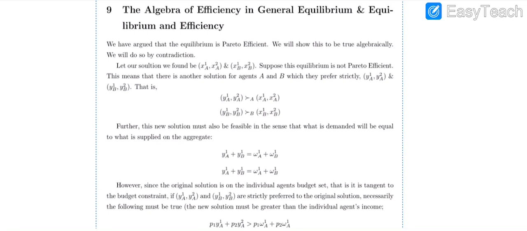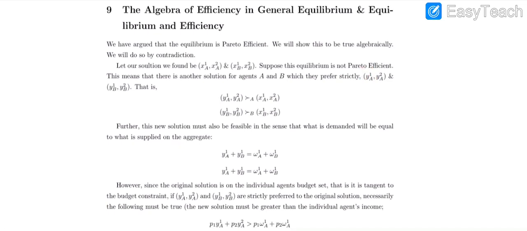Actually, equilibrium is Pareto efficient, and for understanding the concept, let us take two agents, A and B, at equilibrium. Suppose this equilibrium is not Pareto efficient. What is Pareto efficient?